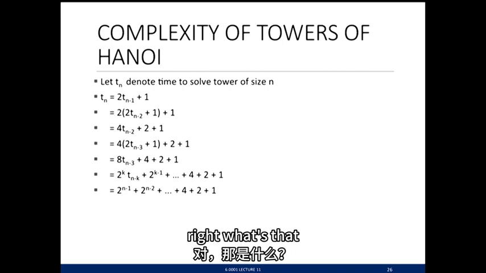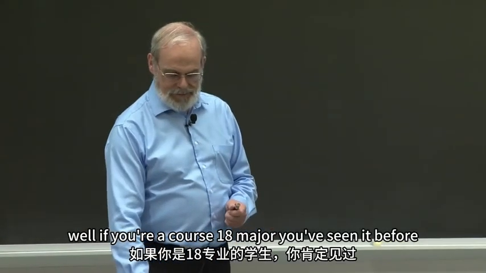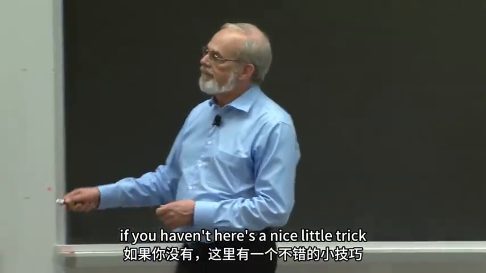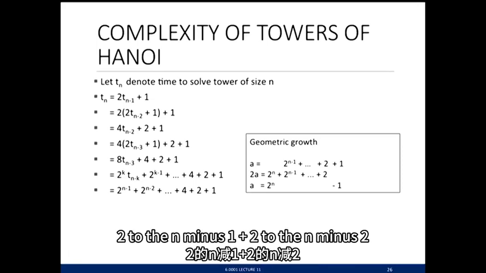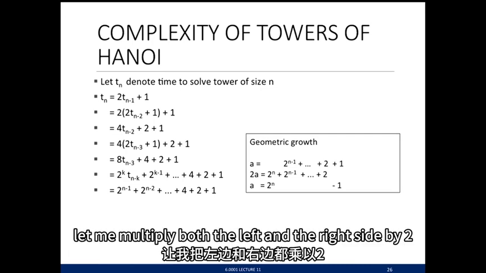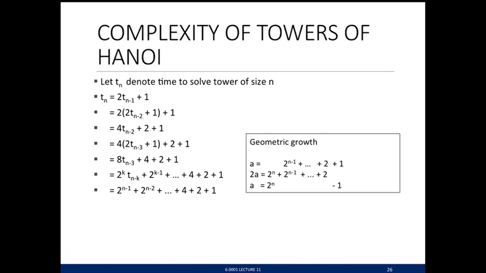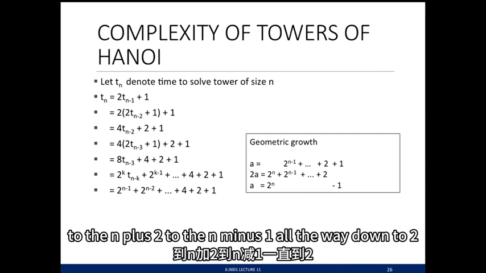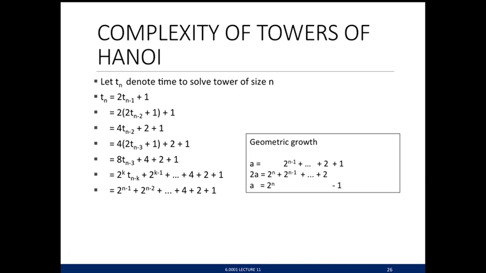All right, what's that sum? Well, if you're a Course 18 major, you've seen it before. If you haven't, here's a nice little trick. Let a equal that sum: 2 to the n minus 1 plus 2 to the n minus 2 all the way down to 1. Let me multiply both the left and the right side by 2. That gives me 2a equal to 2 to the n plus 2 to the n minus 1 all the way down to 2. I'm just taking each of the terms and multiplying them by 2.